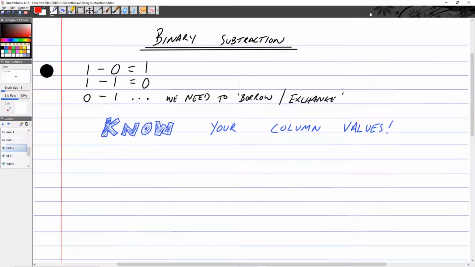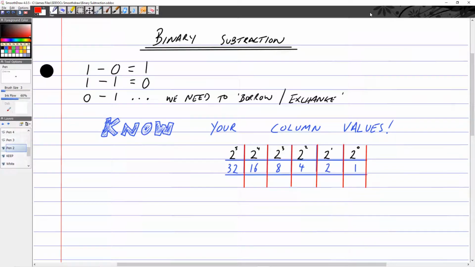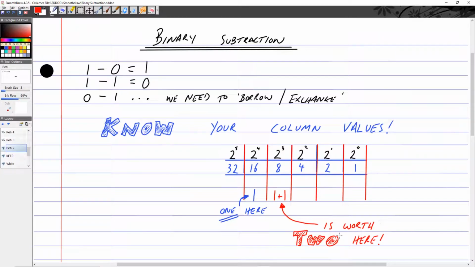So it's important to know your binary column values and what they're each worth. So of course we have the units, 2s, 4s, 8s, 16s and 32s, etc. This is a 1, 2, 3, 4, 5, 6-bit length place value table. And it's really important to remember that a 1 in any column is worth 2 in the column next to it.